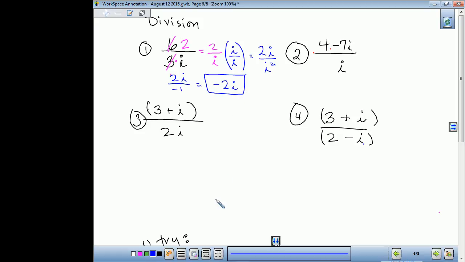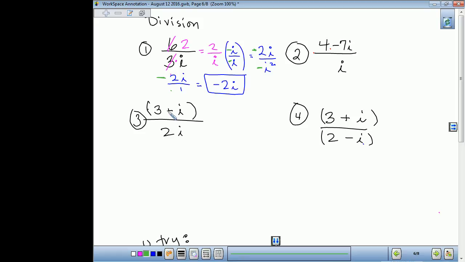Now I'm going to tweak this problem just a hair. What if instead of multiplying by i, I had multiplied by -i? Wouldn't that have given me a +1 in the denominator and made the numerator -2i?